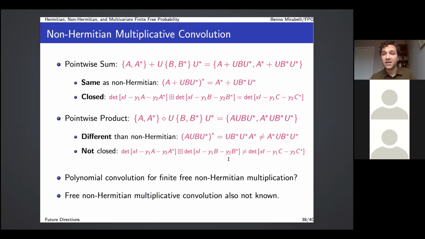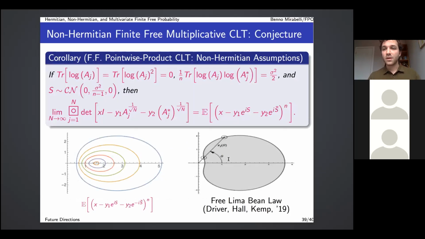But amazingly, in free probability, even though the convolution is not known, with a lot of amazing work, Driver, Hall, and Kemp in 2019 were still able to find the free non-Hermitian multiplicative central limit theorem. So I figured, okay, let's just see what happens if I take a guess, even though it doesn't have this closed property and everything. So I put in the assumptions, the non-Hermitian assumptions I would put in, and then just do the finite box product on those non-Hermitian characteristic polynomials.